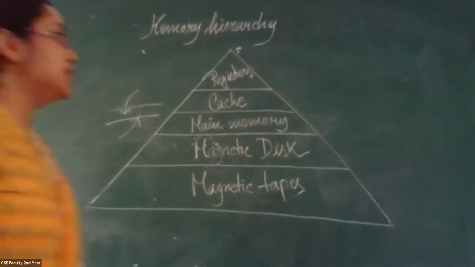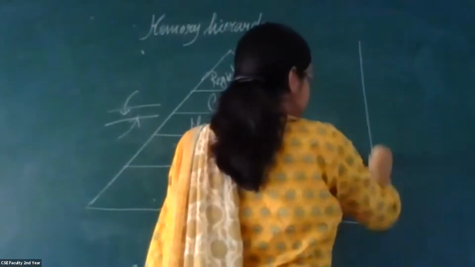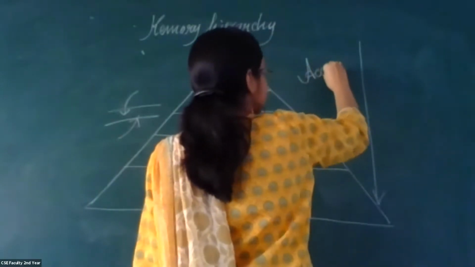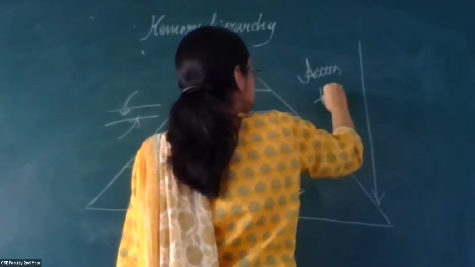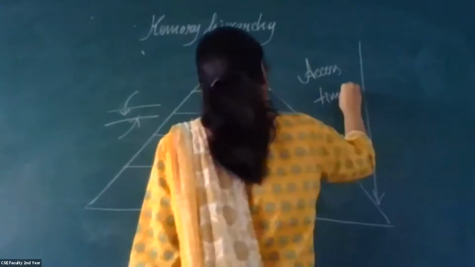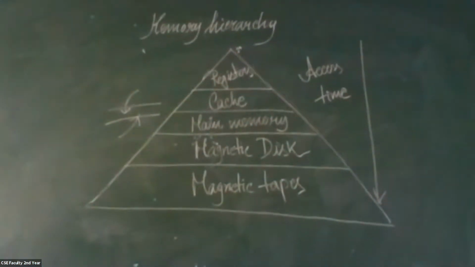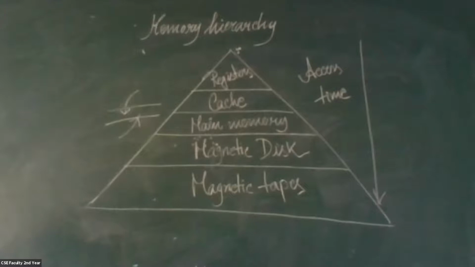And access time increases from top to bottom. That means the access time of register is least, followed by cache, followed by main memory, followed by magnetic disk and magnetic tapes.